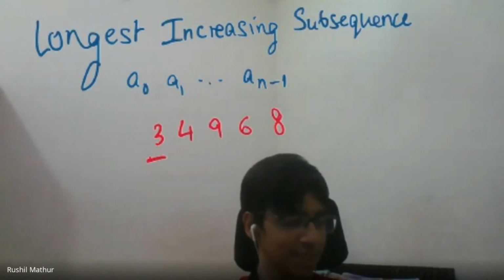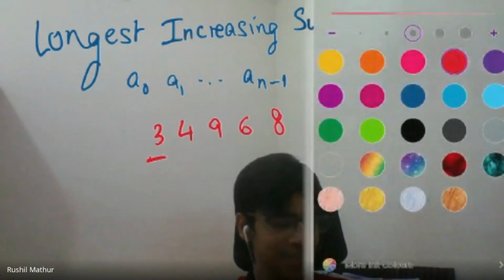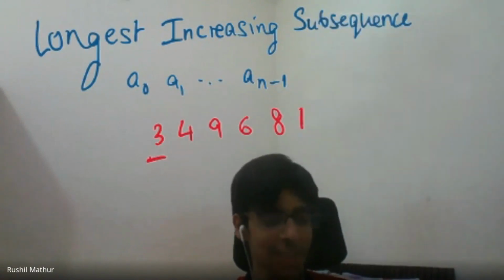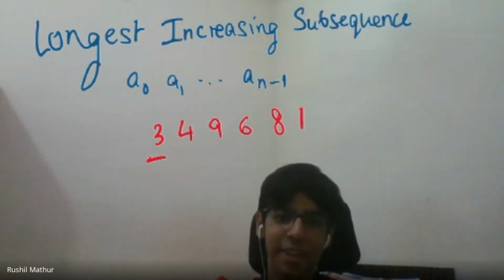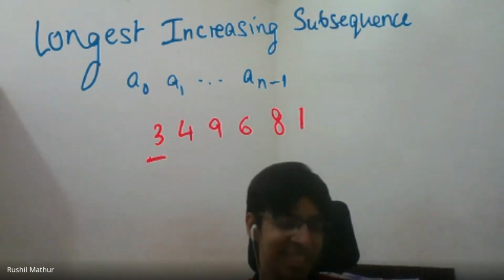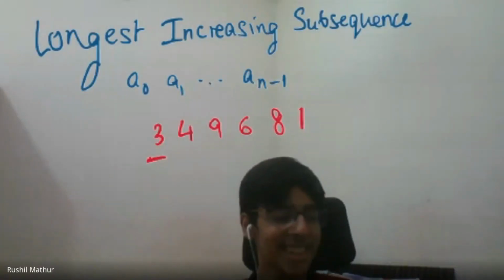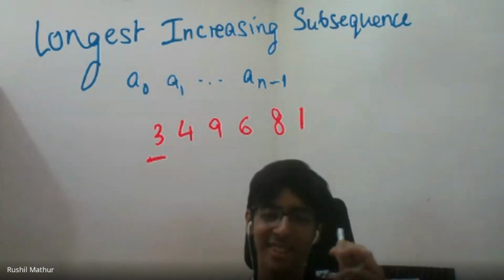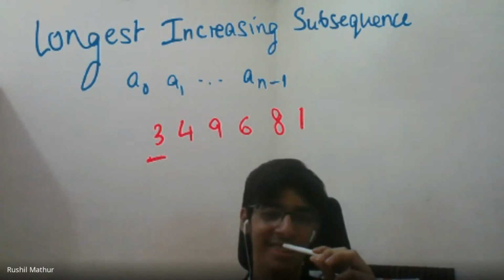But what if you have something like 3, 4, 9, 6, 8, 1? Now, 1 is at the end. What do we do then? We will delete 1 and then start again with the remaining array. When do you decide it's better to delete 1 or to use 1?